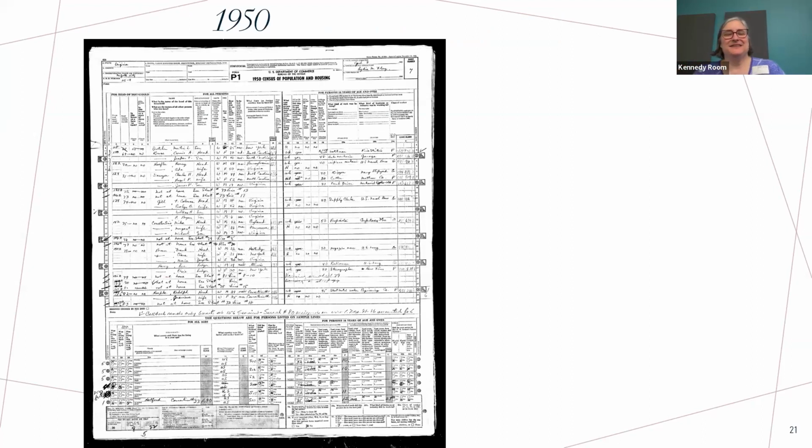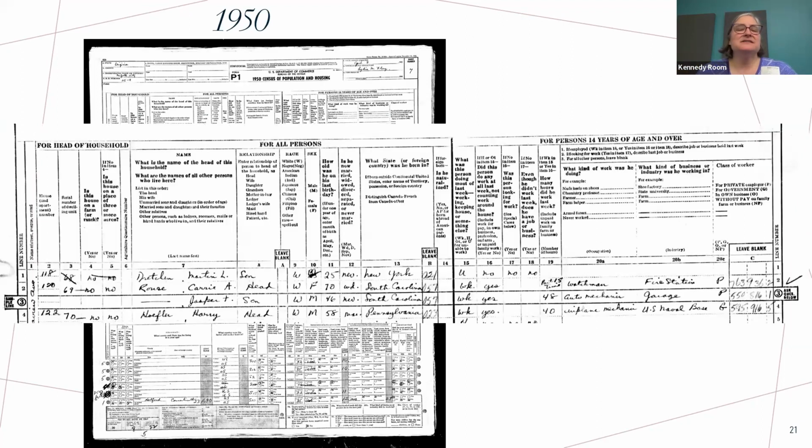In 1950, this is the newest one that has just come out, they asked lots of long questions, as you can see. And again, the first part is pretty standard. Road, house number, household number visited. Is it a farm or a ranch? If not, is it on 3 or more acres?